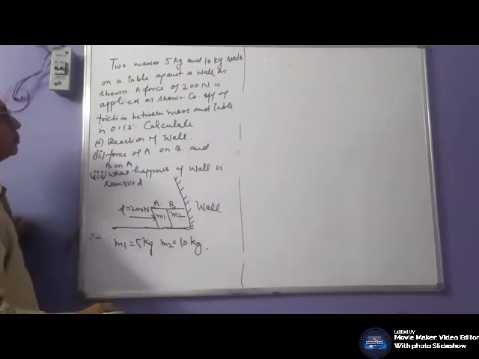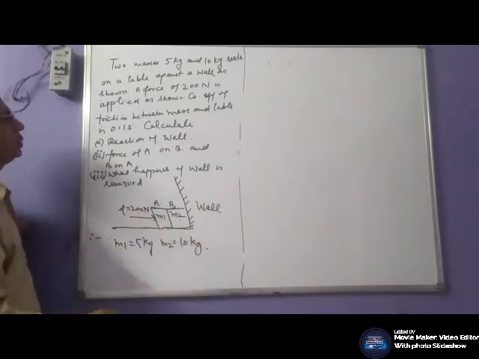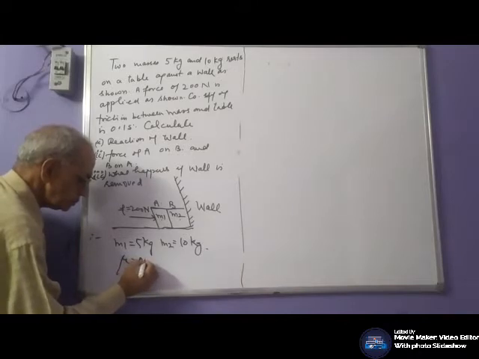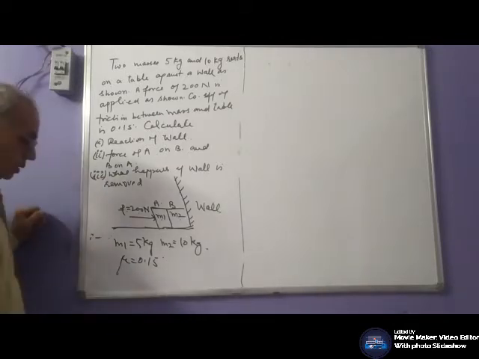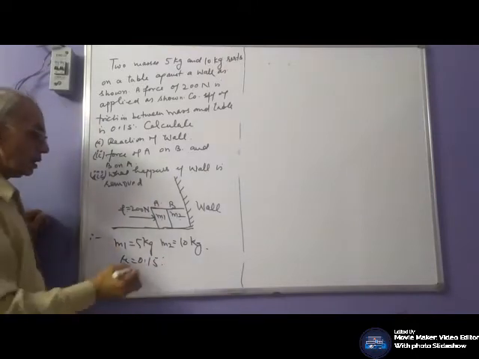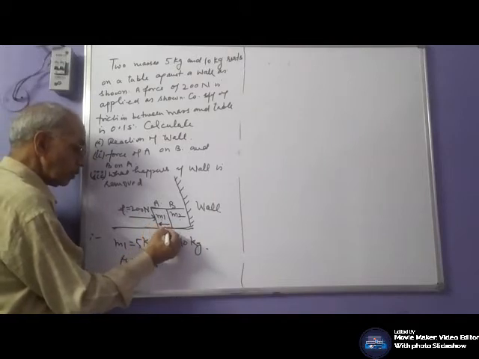Against a wall, a force 200 Newton applied as shown. Coefficient of friction is this between masses and table. Calculate reaction of wall. This will be force of friction.